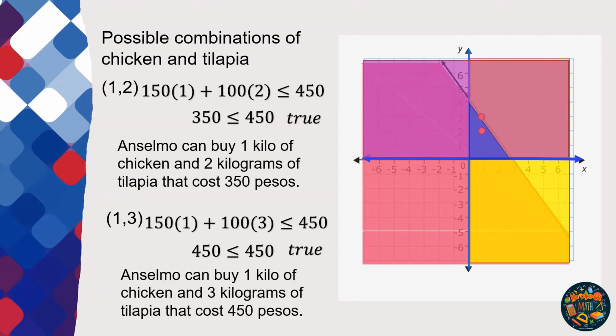It means that Anselmo can buy 1 kilogram of chicken and 3 kilograms of tilapia that cost 450 pesos. So marami pa tayong iba pang mga possible combination as long as nandoon siya sa shaded portion from the first inequality, second, and the third inequality.